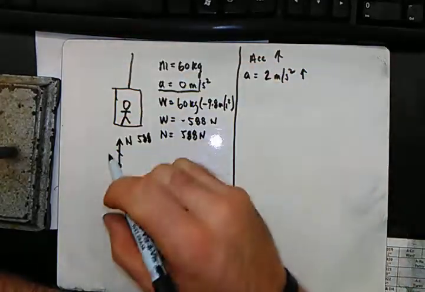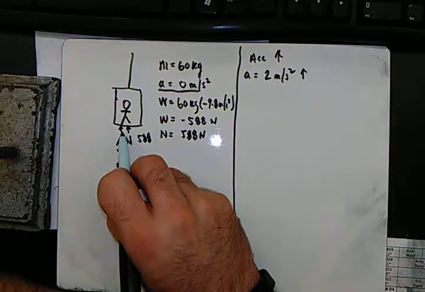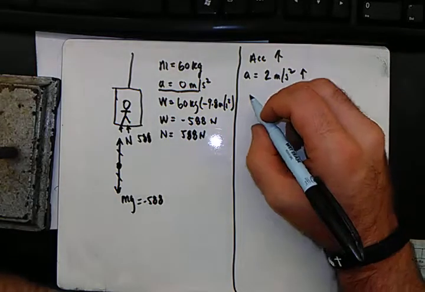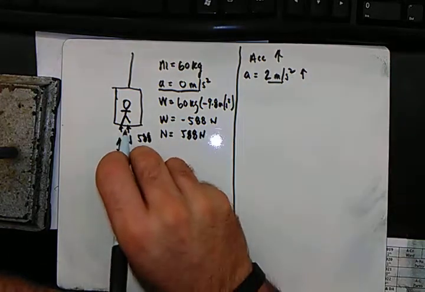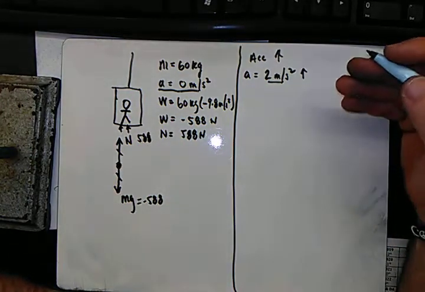So this elevator is pushing up. Just think intrinsically: if I'm pushing something up on his or her feet, he or she is going to feel like an increase in their weight for the time that you're accelerating. So the apparent weight is going to feel like more.